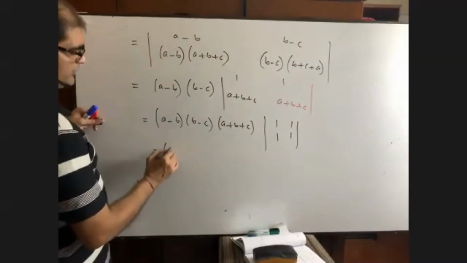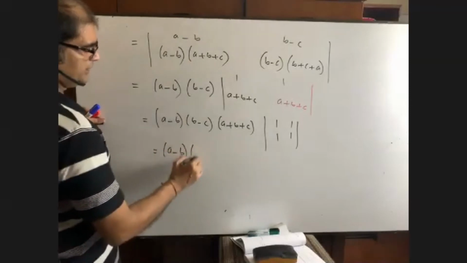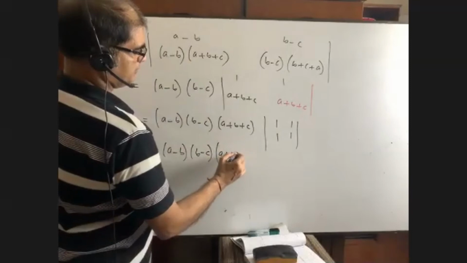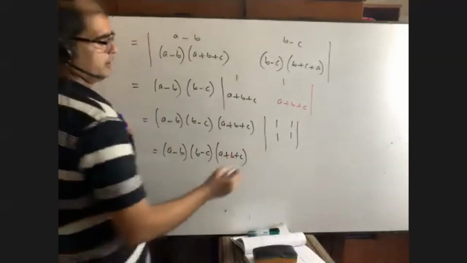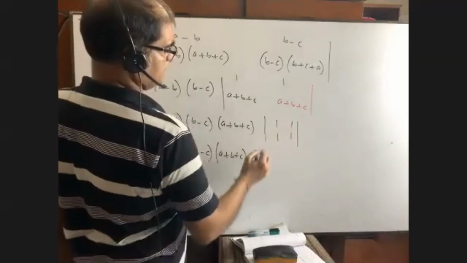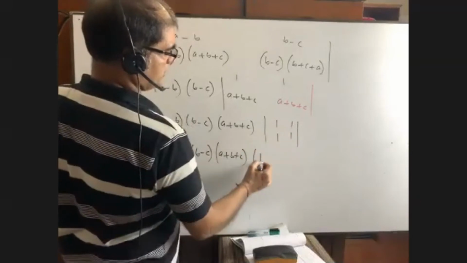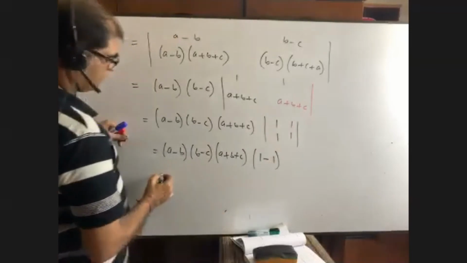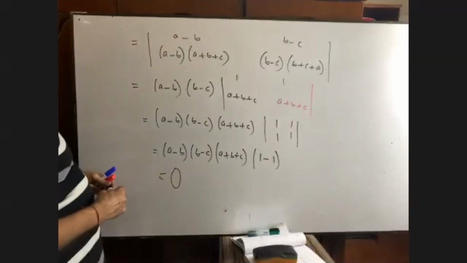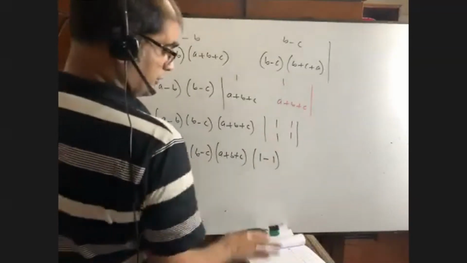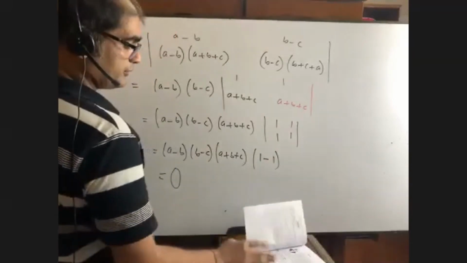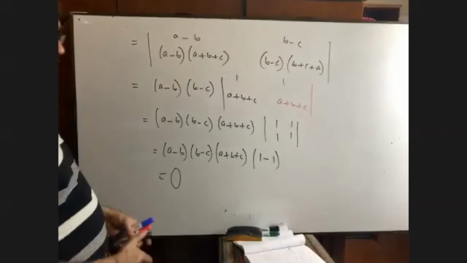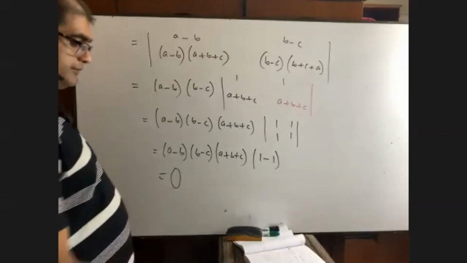That means a minus b, b minus c, a plus b plus c times what? 1 into 1, minus 1 into 1, which is just 0. So our result is 0. I don't know what is in the answer, but yes, it is 0. Now just let me know, do you understand it or not?